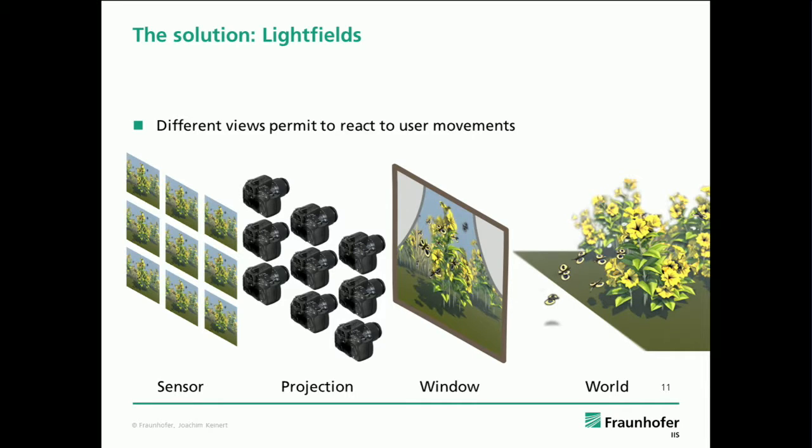One of the solutions we also consider is to have camera arrays. So you can look at this like you capture a world which is 3 dimensional, and you look through a window by this camera array, and you capture this light field, let's say, spanned by the window, and you can then have a good impression of what you can get.